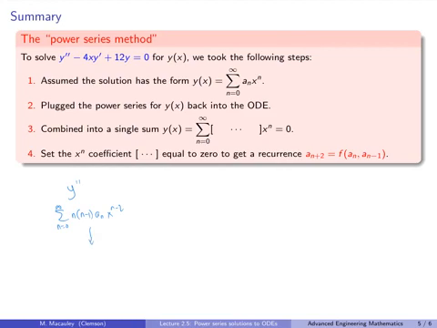So when we shifted, this gave us an a_{n+2}. And then everything else had an a_n in it. But suppose we also had y prime, without an x in front.